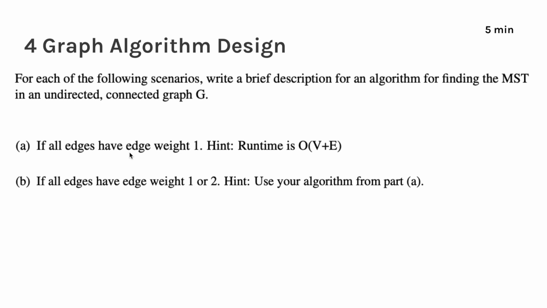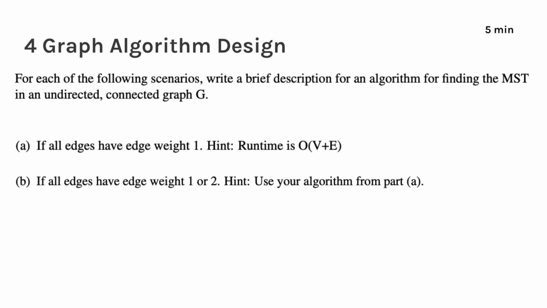If all of the edges have an edge weight of 1, and we know all trees will have n minus 1 edges, so all spanning trees have the same number of edges, and all of those edges have weight 1.